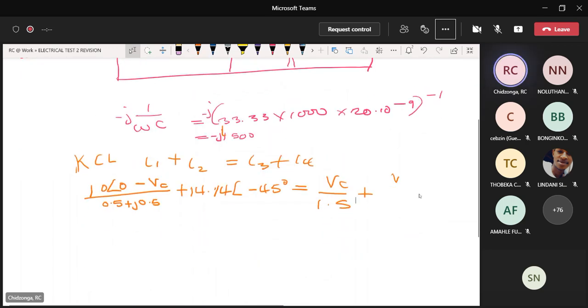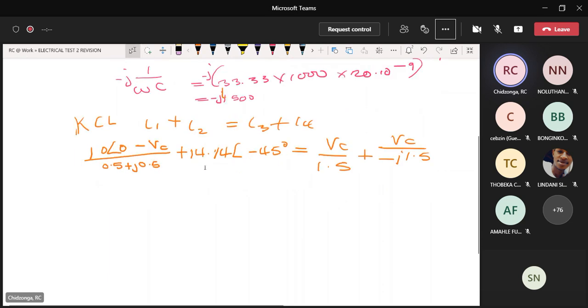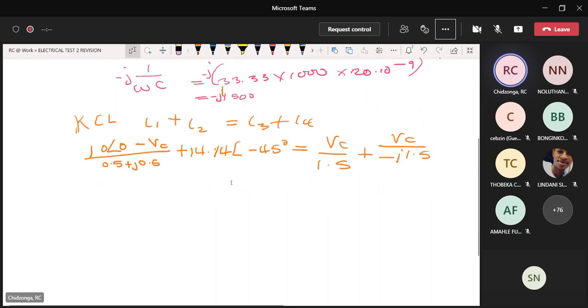So you can see that this equation is all you need to solve. The only problem is you need to remove the VC from this side and put it that side.